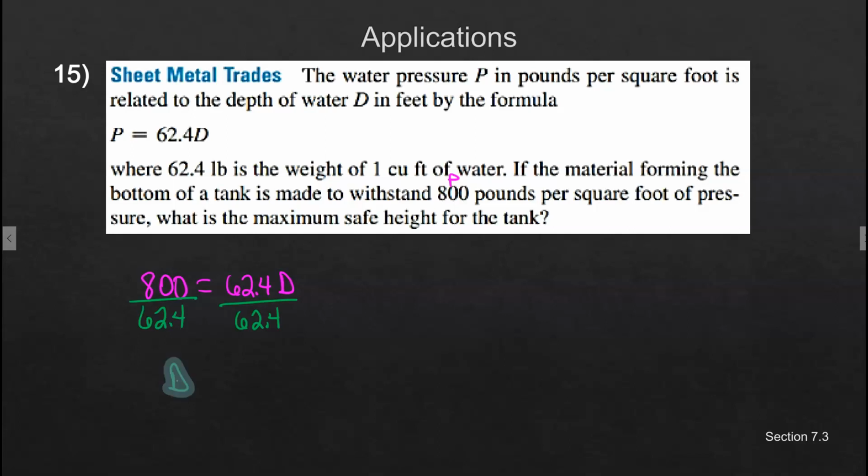I'll just go ahead and write it that way. It's 12.82. And this one, if we round it like the 62.4, then we're going to say about 12.8 feet. And that's just rounding it according to the number that was given in the problem.